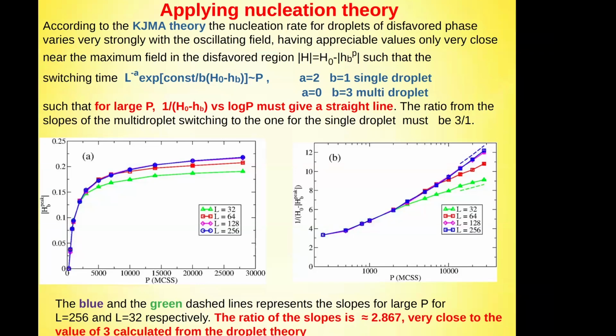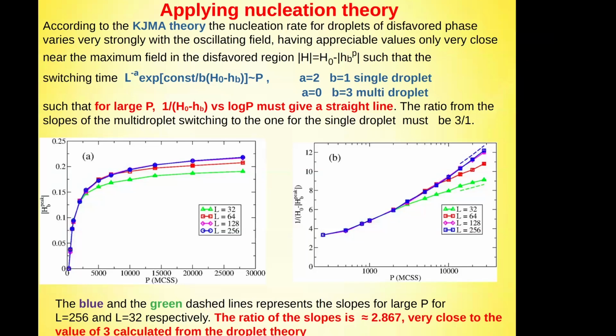Using this relation that is well known in nucleation theory, notice that, for example, for the single droplet, the exponents are different. For the multi-droplet, the terms depend on the distance of the size L minus A. For the multi-droplet, A is 0. So the switching time is independent of the size in the multi-droplet region, but in the single-droplet region it depends on the size.